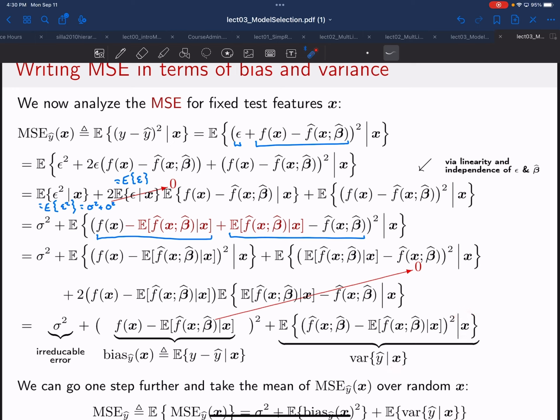Even if you have a predictor which gets your bias to 0, that does not mean it's going to have small mean squared error, because it could have a lot of fluctuations around its average value. On average it's great, but it has huge variations around the average. It could be terrible. So those are the three terms: irreducible error, bias squared, and variance.